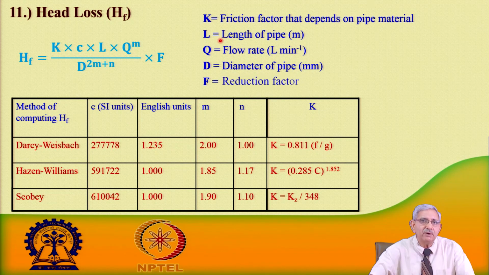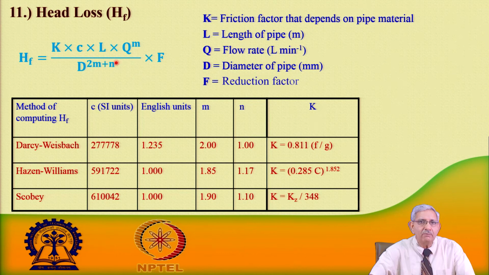One can use a particular value of the constant. Let us say the small c for the Darcy-Weisbach equation is 2.4 times 10 to the power 7, 8. Then L is the length of the pipeline, and m, in case of the Darcy-Weisbach equation, if I am using SI units, is m equal to 2, and n is 1, and d is the diameter in millimeter.